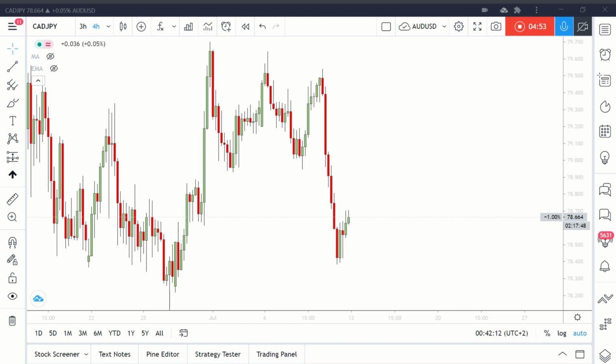It won't always be commodities that have an impact on certain currencies. From a fundamental perspective, you could be looking at geopolitics. You could be looking at political tensions between countries and so forth.